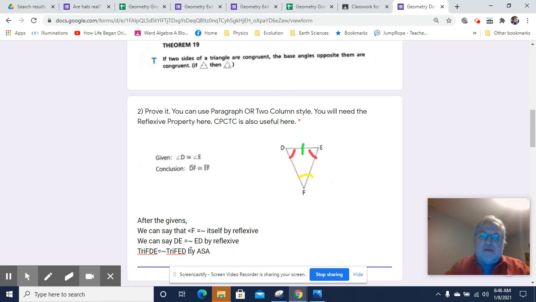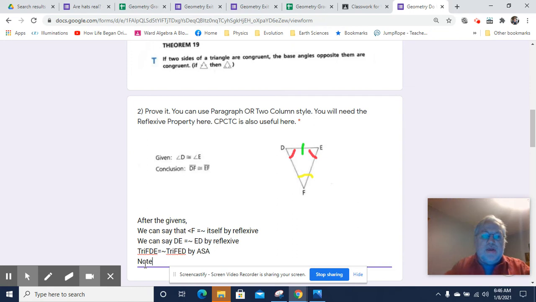Okay, and once we have established that, I'm just going to note that EF, I could relabel these triangles. So EF, which is the same as FE, and DF are both corresponding parts.